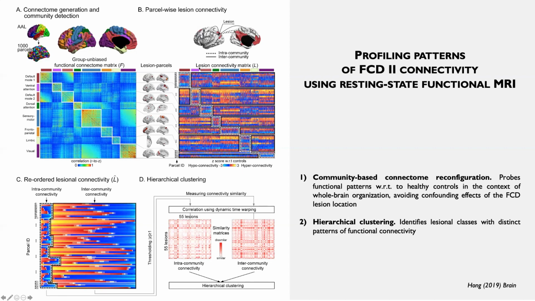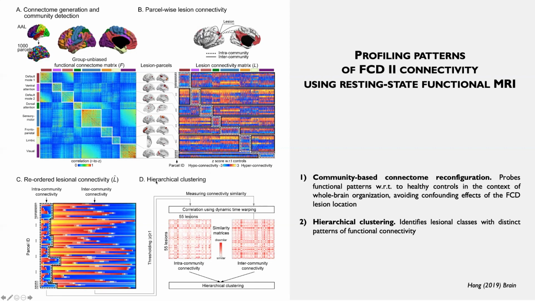Notably, we normalize the connectivity of each lesional patch in terms of deviations from controls at anatomically analogous locations. This is basically z-scoring. High scores in red indicate hyperconnectivity, while low scores in blue indicate hypoconnectivity.